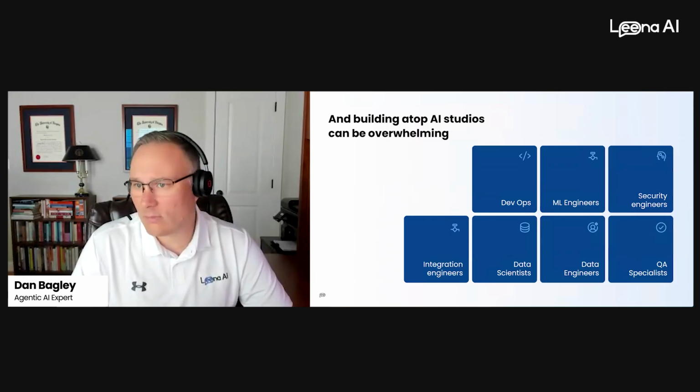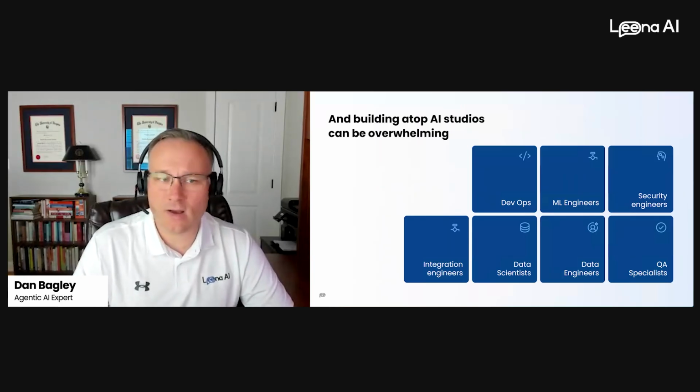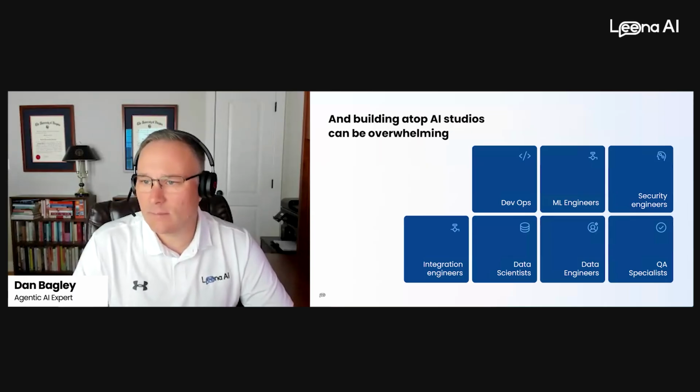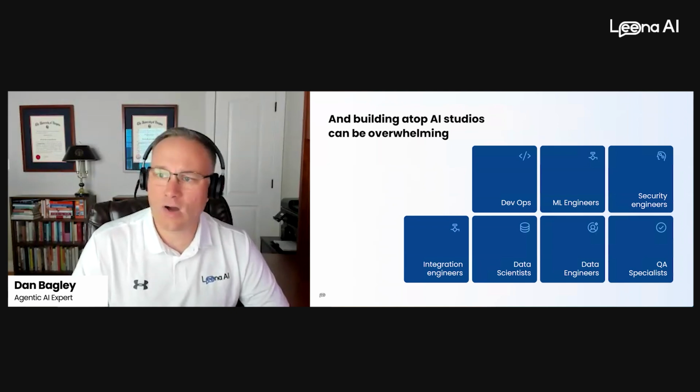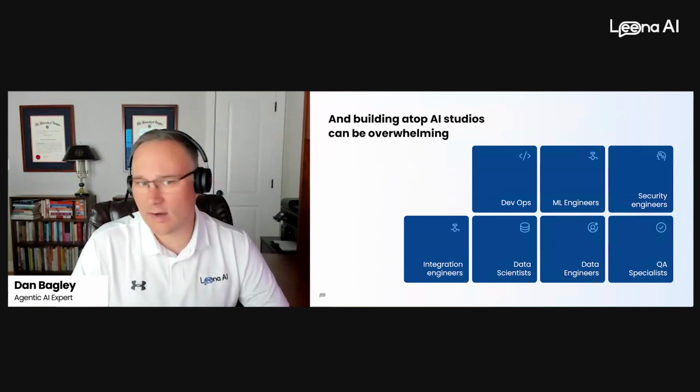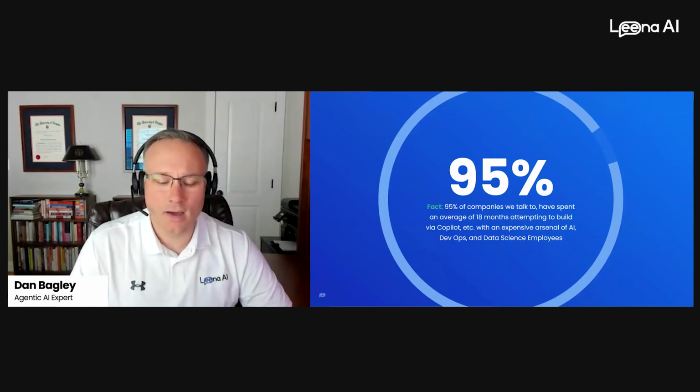They all typically start with the very easy to use drag and drop low code, no code workflow builders. But fundamentally, to operate something like that at scale, you're looking at DevOps engineers, data scientists, data engineers, an entire coding and integration pipeline. And it's a heavy lift from a personnel perspective to operate a shop that's iterating on an AI studio product.